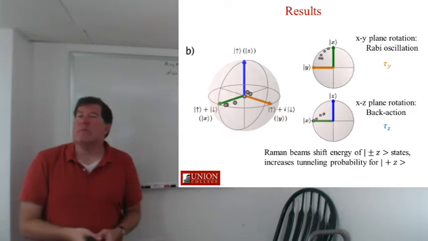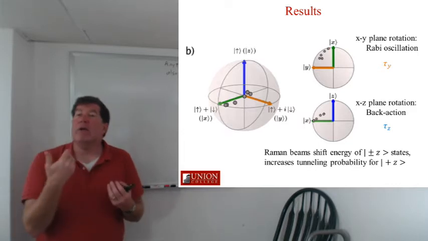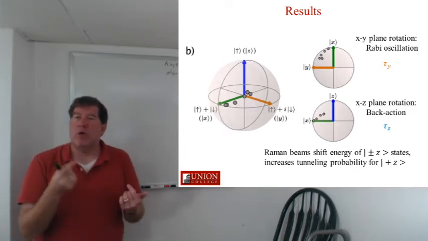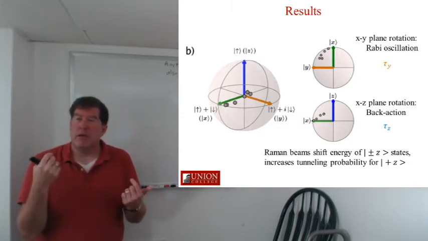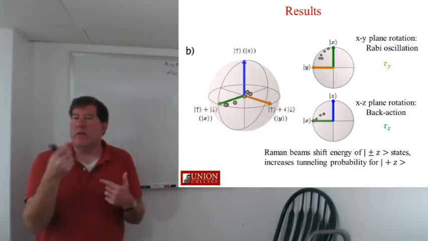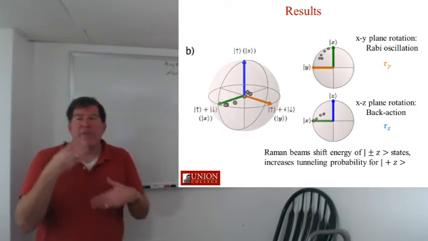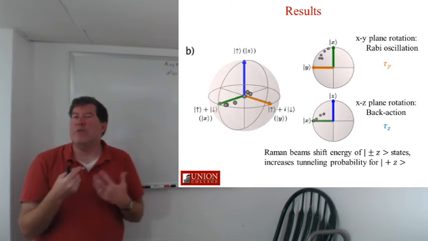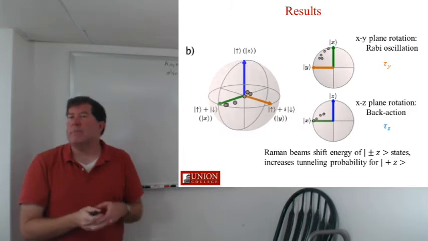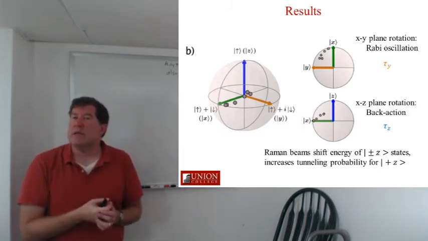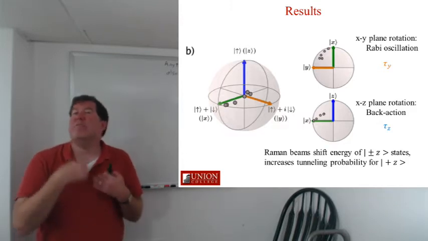What is that? That corresponds to what's called a quantum back action, which is this: the barrier doesn't just cause this Rabi oscillation and change the azimuthal angle. It's also shifting the energy of the states. And if you go through a bit of math about this, you find that the plus Z state, which is some combination of the plus and minus X states, has a slightly higher probability of making it through the barrier.